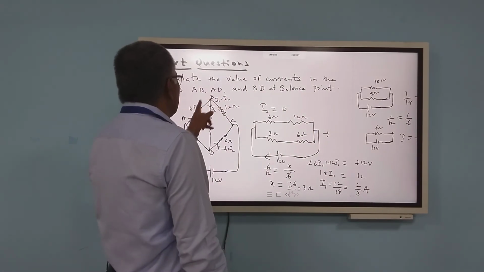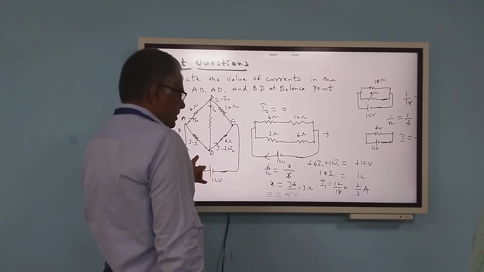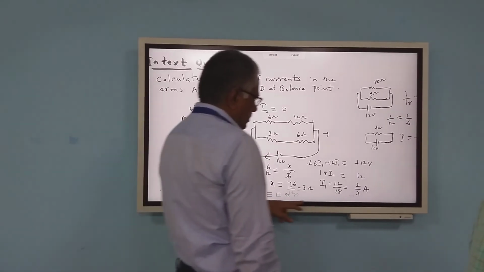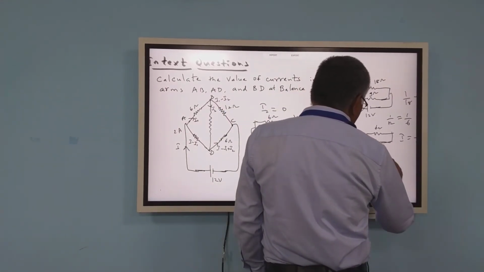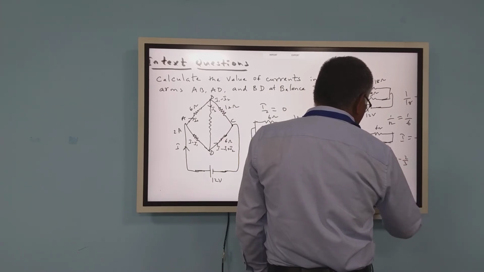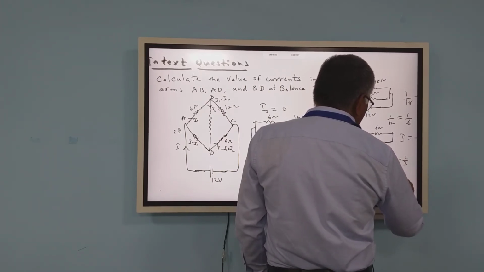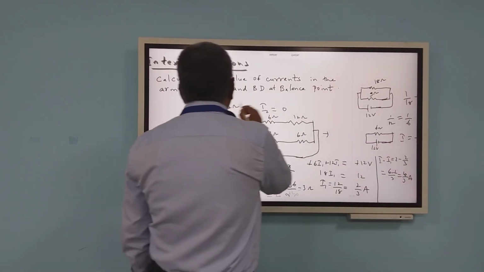This is AB. Similarly, AD is I minus I1. I is equal to 2 ampere. I minus I1 is 2 minus... It will be another negative 0.